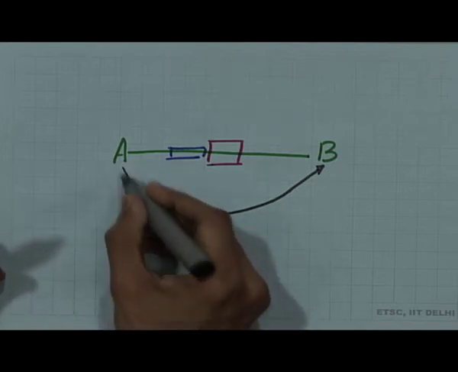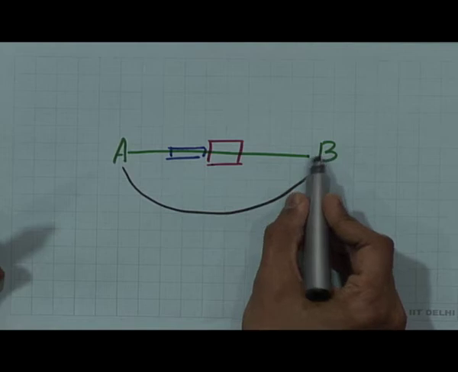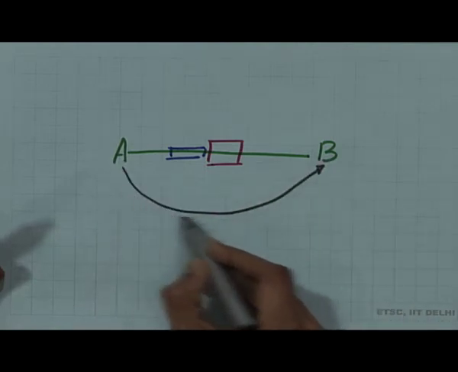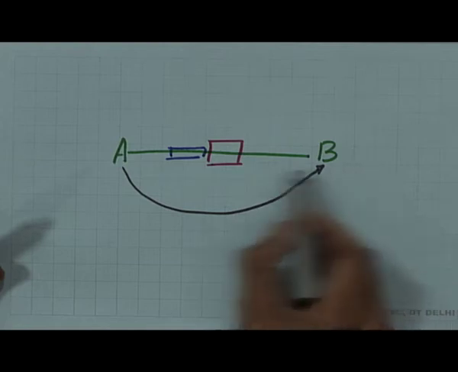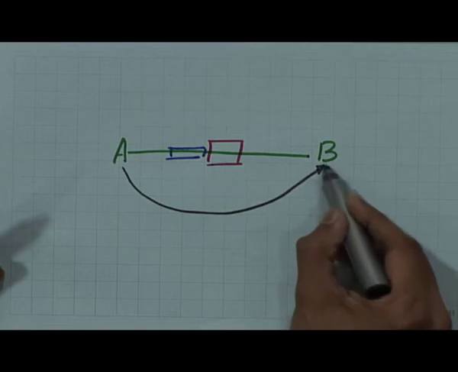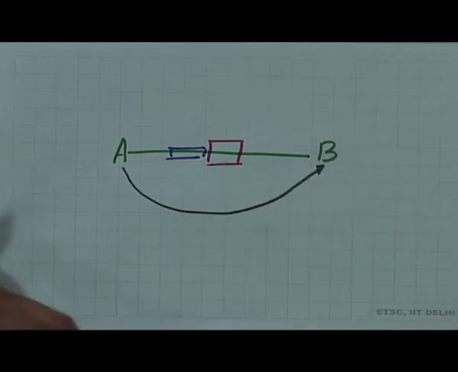So, now if you are a molecule, rather than go through this straight path, you run from A to B, but it looks like the distance you are traveling is more, but because you have short circuited this red light here, you reach B faster, and that is exactly what is happening here.